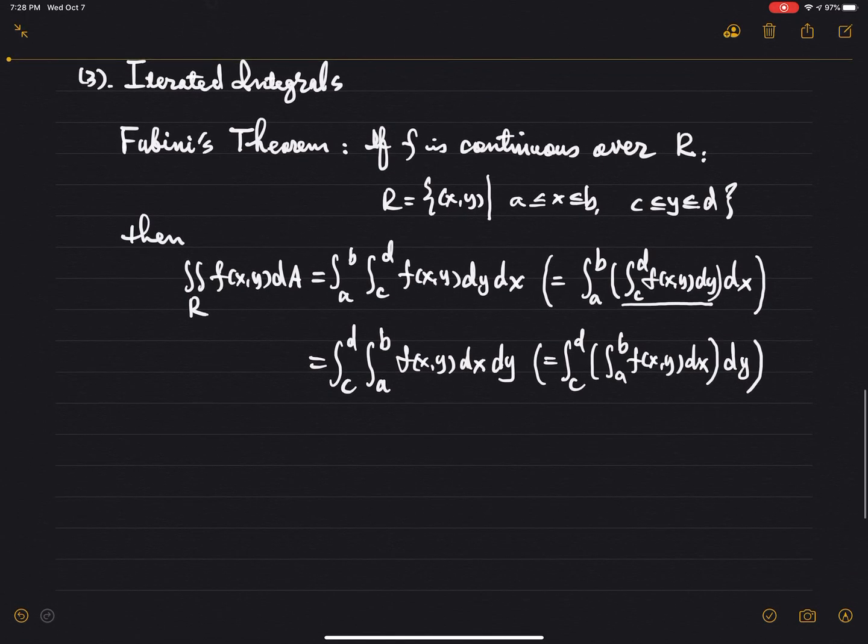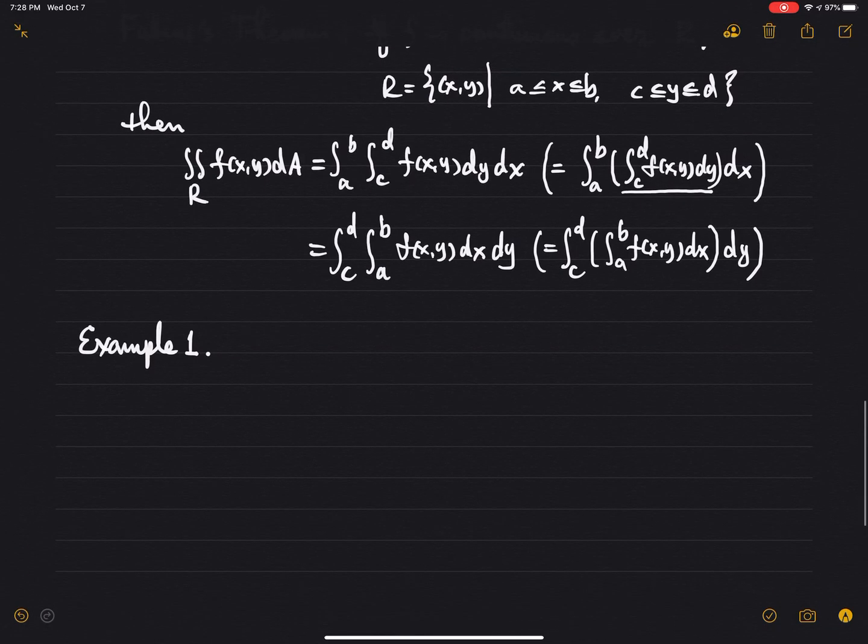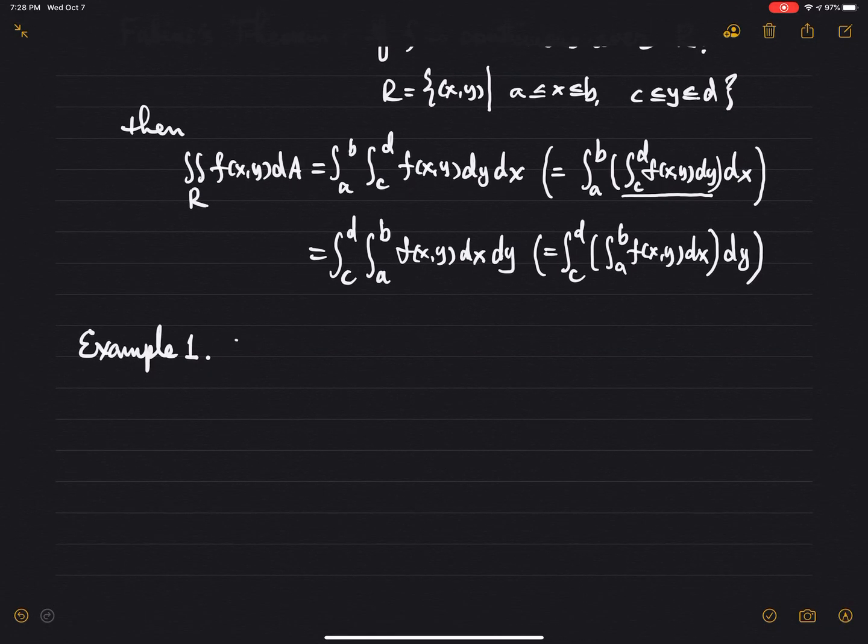Okay, now let's look at one example. I think this section is important to know how to use the theorem to do the calculation. We say calculate this: the integral from 1 to 3, the integral from 1 to 5, of log y over xy dy dx.